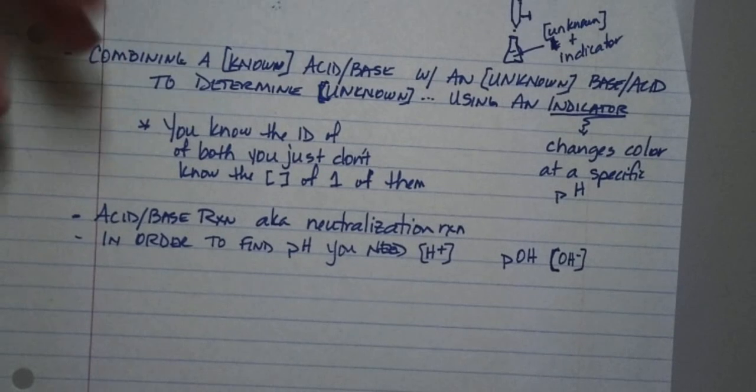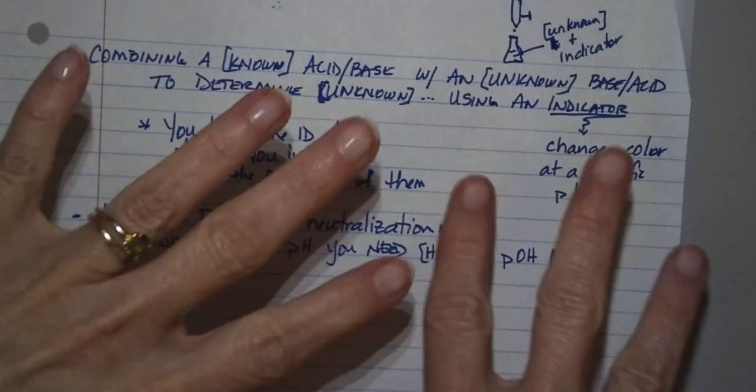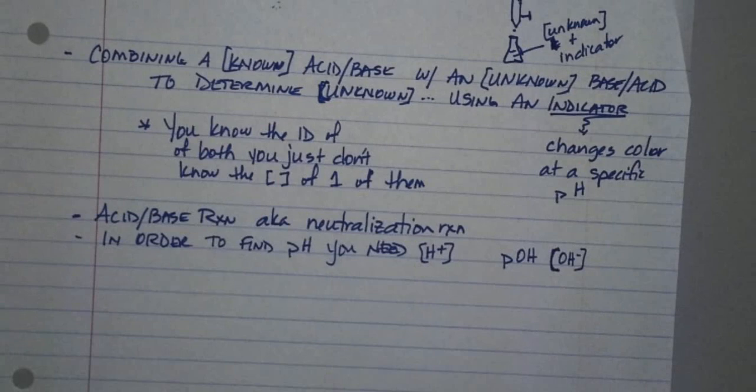You have to go through several steps and then convert it finally to pH. So if you have a basic solution, find Kb, find the hydroxide ion concentration, find the pOH, and from that you can find the pH, because pH plus pOH is always 14, right?